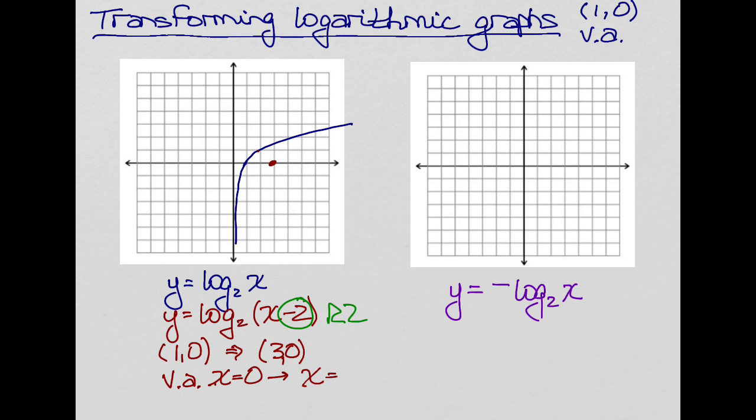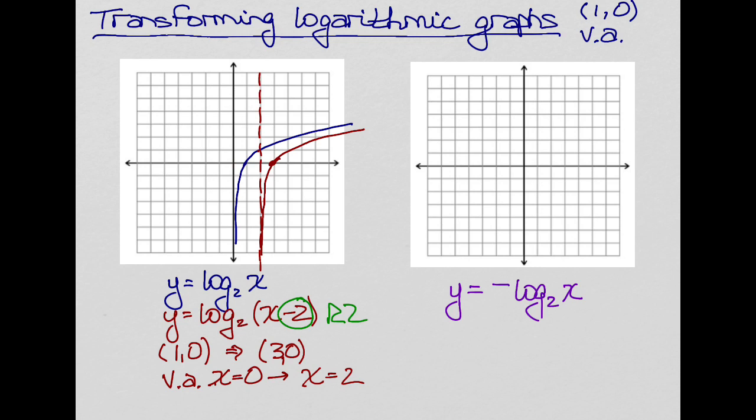So now it's going to be at x equals 2. There's my vertical asymptote, x equals 2. That's only one transformation that happened here. The whole thing moved 2 to the right. The shape is the same. I'm going to go up slowly to the right, vertical asymptote to the left, and there's my new graph.